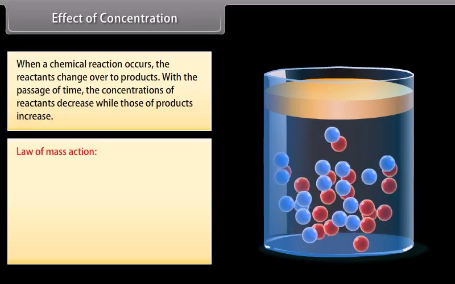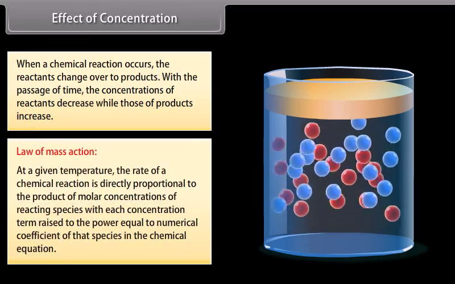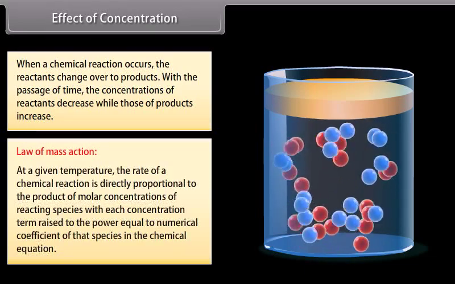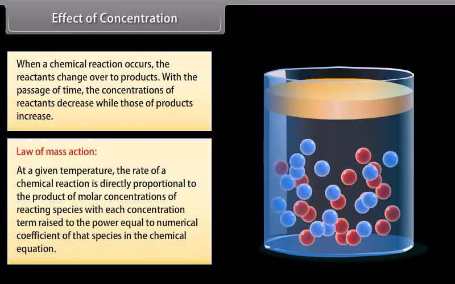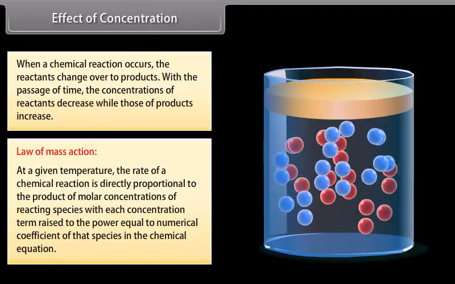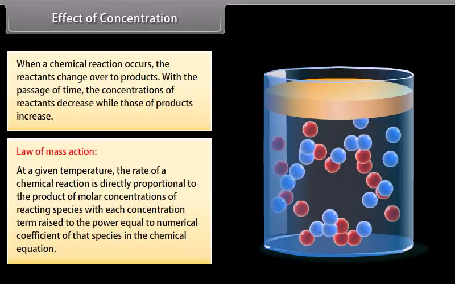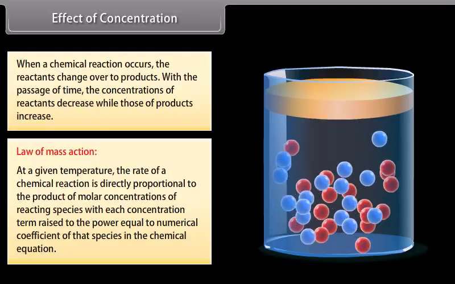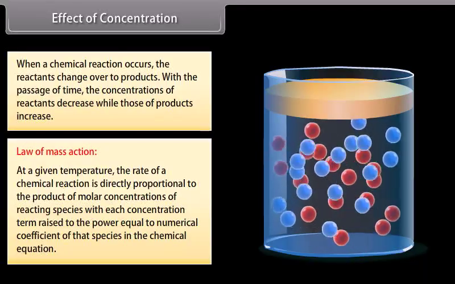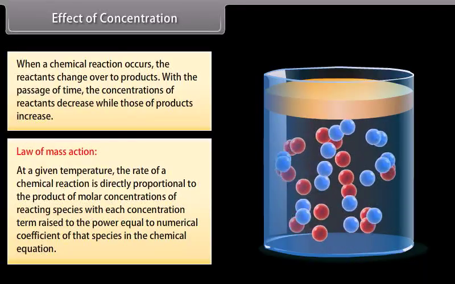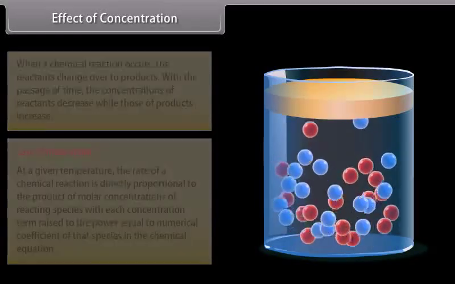Law of mass action. At a given temperature, the rate of a chemical reaction is directly proportional to the product of molar concentrations of reacting species, with each concentration term raised to the power equal to the numerical coefficient of that species in the chemical equation.